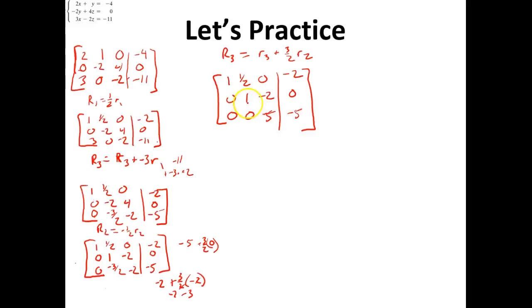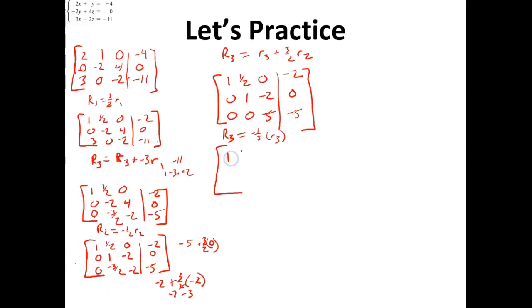Now, I got a 0 below this one, so the next thing I'm going to focus on is getting this to be a 1, so that I have 1s down the diagonal. To do that, I'm going to replace R3, row 3, with negative 1/5 times row 3. Because if I take negative 1/5 times this, I'll have a positive 1.